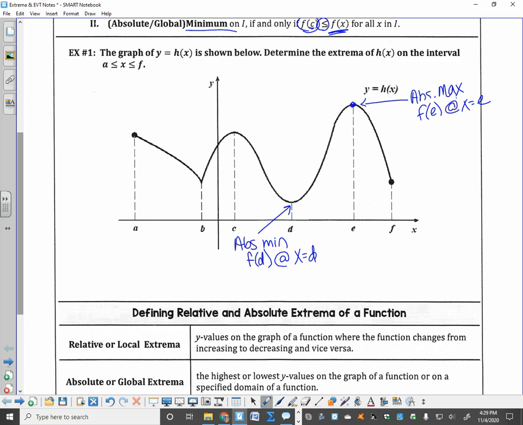However, there are other maxes and mins, not the absolute, but we call them relative. So this one right here is a relative max. It's kind of like saying Pilot Mountain is a relative max.